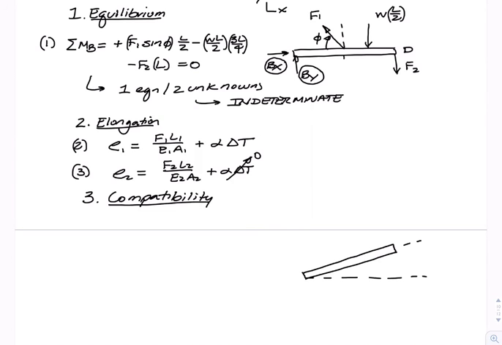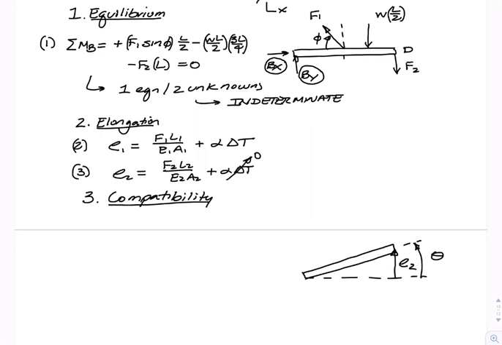So we will say the rotation is like this. What this means is that I have a deflection on the end here, which is going to represent the elongation there of 2.